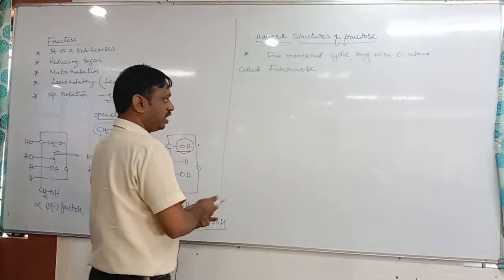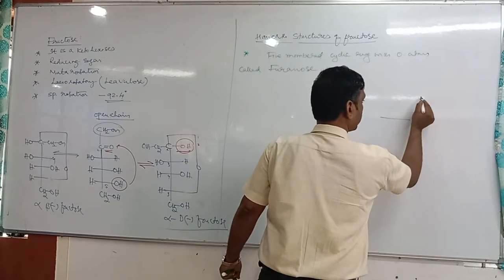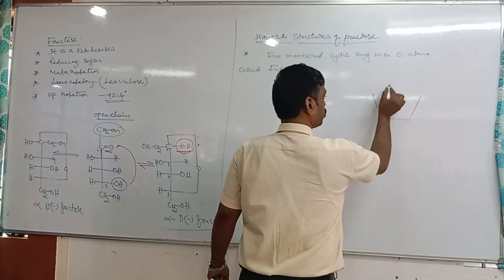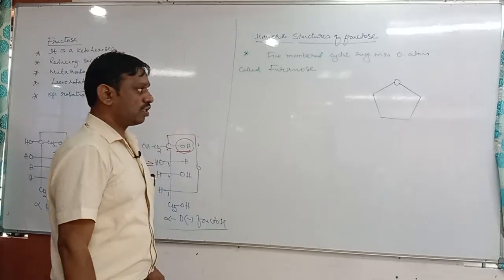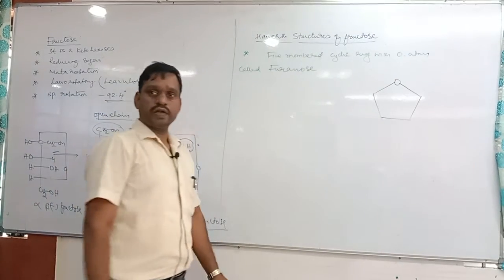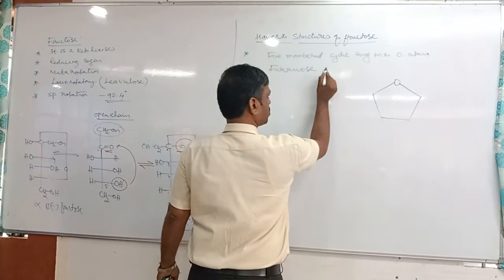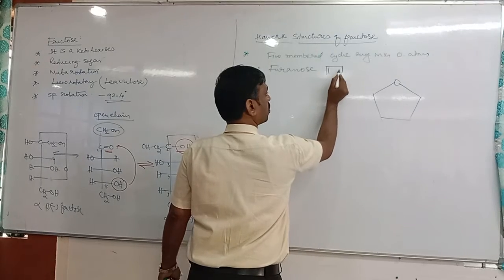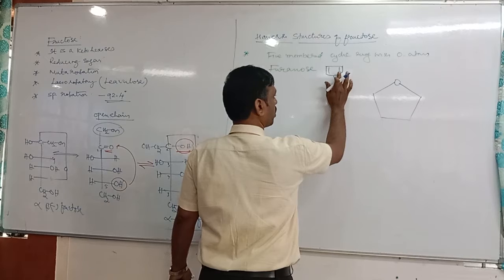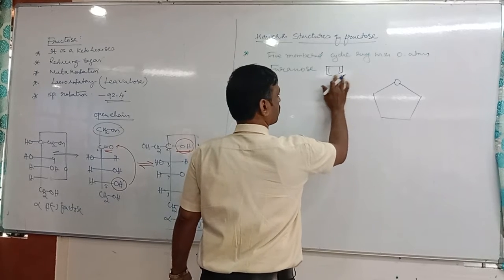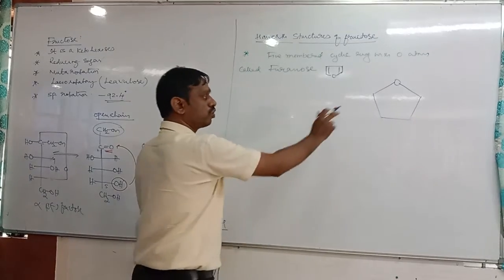It is just like in the case of nucleic acids. Do you remember the pentose sugar will be there? It is a five-membered cyclic ring, similar to furanose.